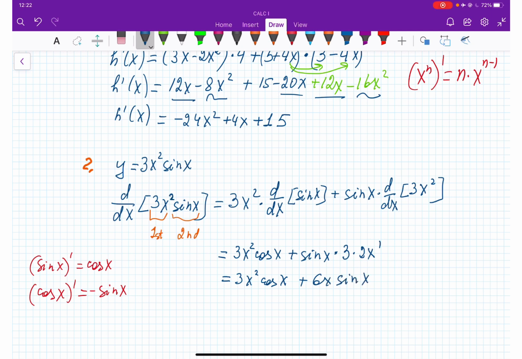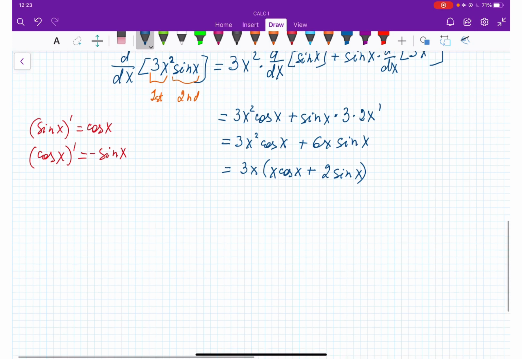Yes, we can take out 3x from here and 3x from here, right? And it's going to be 3x times (x cosine x plus 2 sine x).